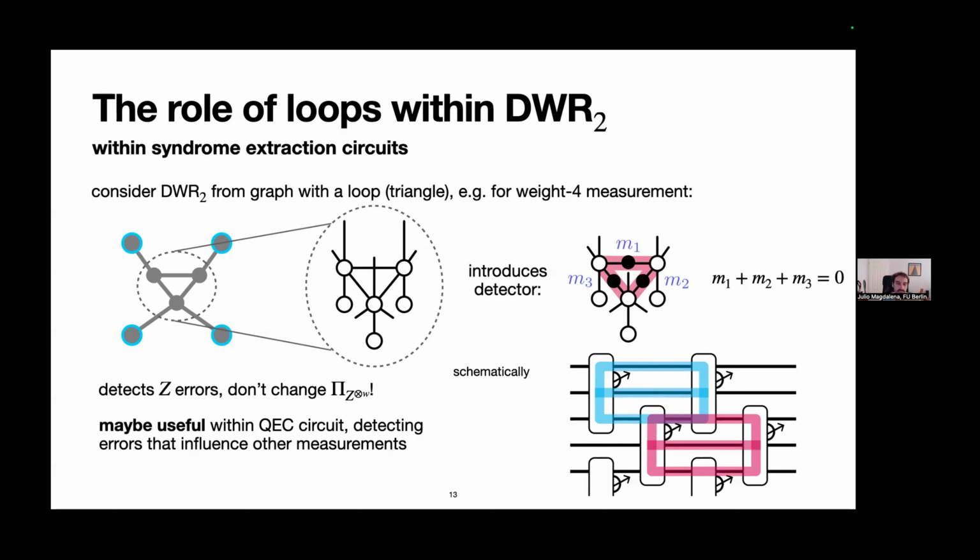Now if we add one of these loops in the dynamical weight reduction scheme that implements, say, the central measurement where these 2 colorings overlap, then this loop changes how these so-called flows, or Pauli webs, move through this compiled circuit.